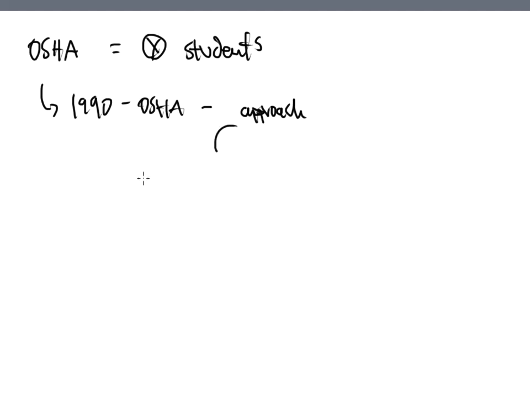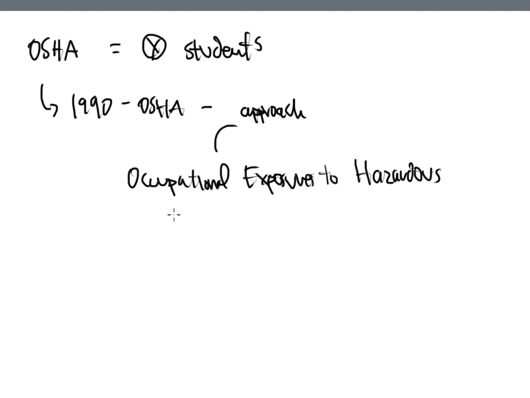So because of that, in 1990, OSHA basically implemented what we called the occupational exposures to hazardous chemicals in the laboratory.